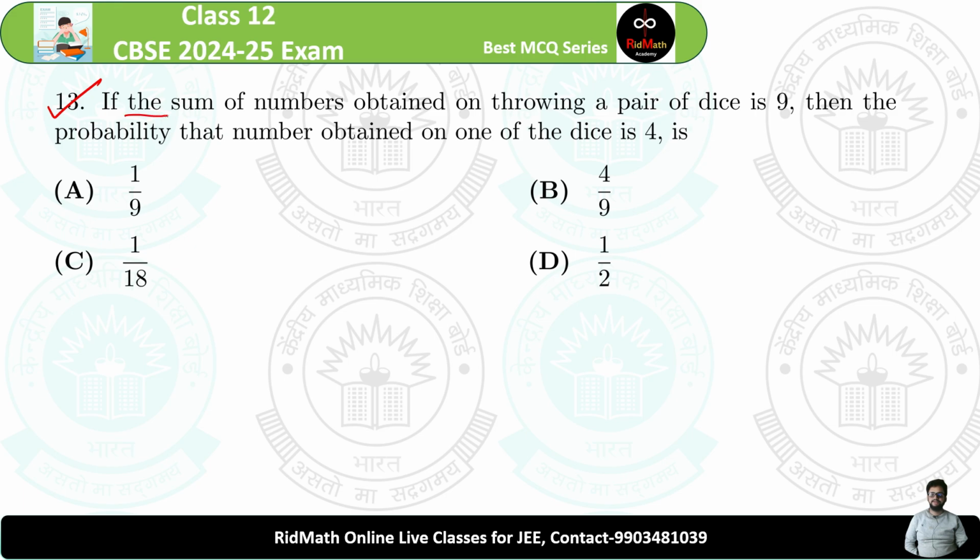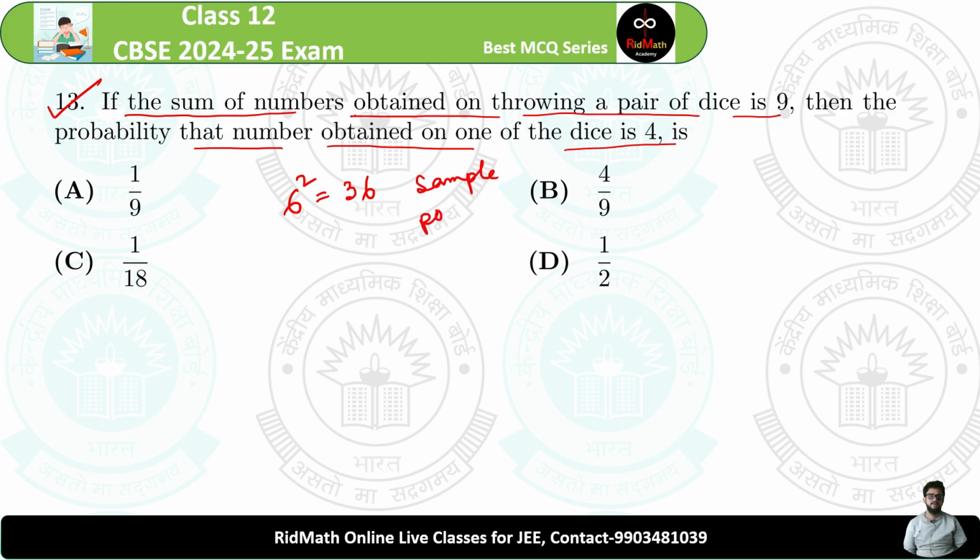number 13. If the sum of the numbers obtained on throwing a pair of dice is 9, then the probability that the number obtained on one of the dice is 4. Okay, so we are throwing a pair of dice, so that means there are 6 square, that means 36 sample points. From this we will obtain the sum 9 as like this: 6 3 and before that 3 6, now 4 5 and 5 4.